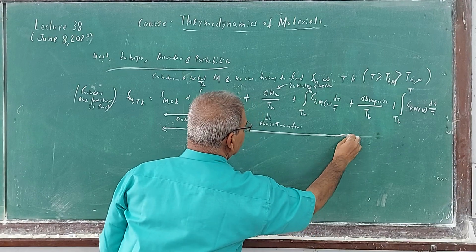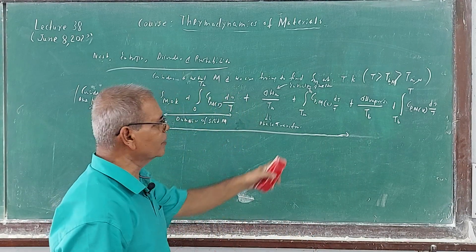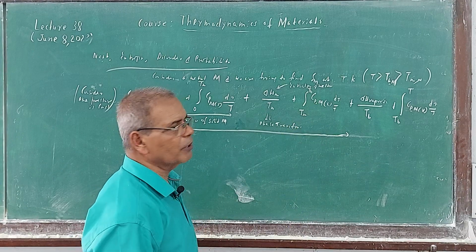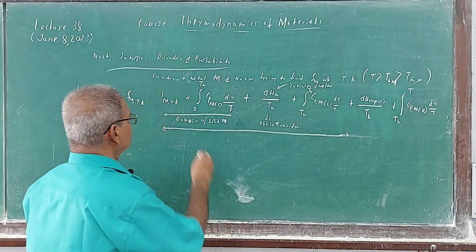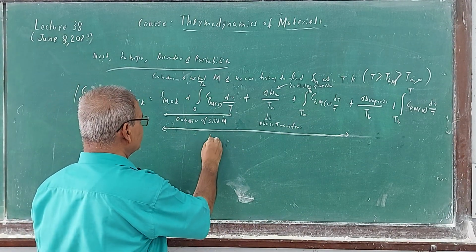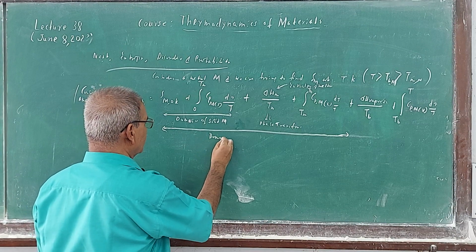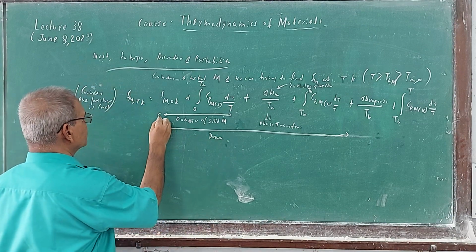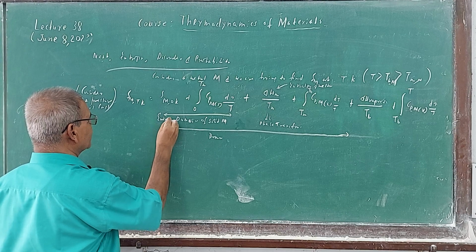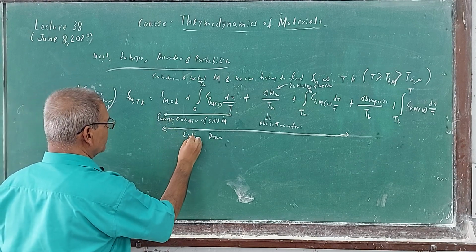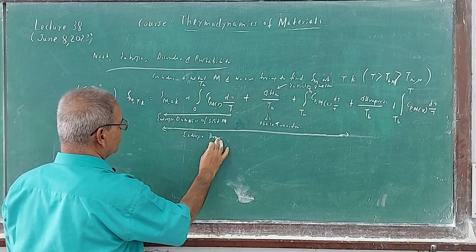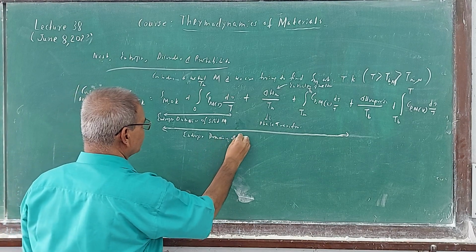Okay. This is liquid. It is not yet vapor. So this is the domain of the liquid entropy. Anytime you have domain, entropy domain, a better term. Entropy domain of liquid M.